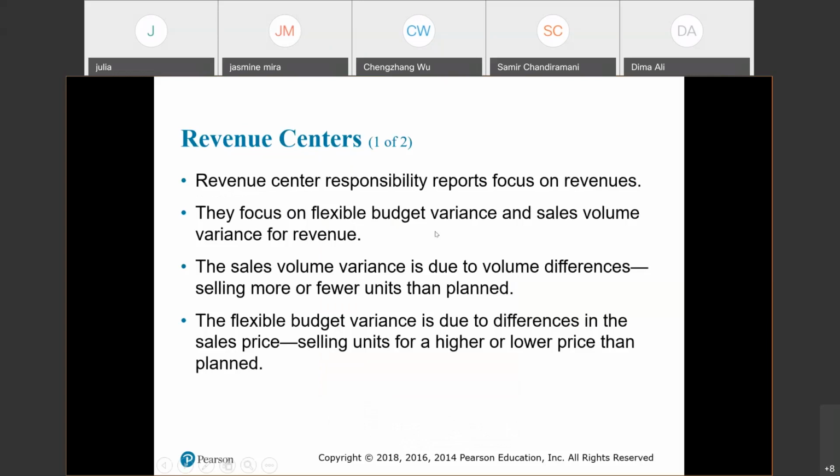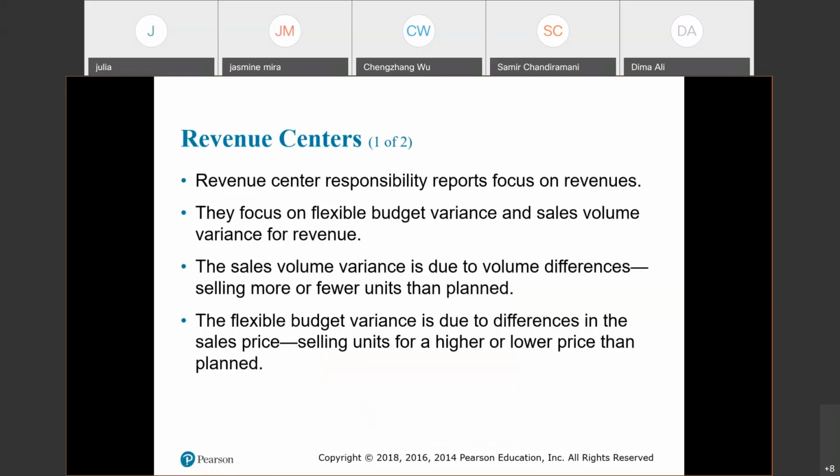So next, let's see the revenue center. Revenue center responsibility reports often highlight both the flexible budget variance and the sales volume variance.